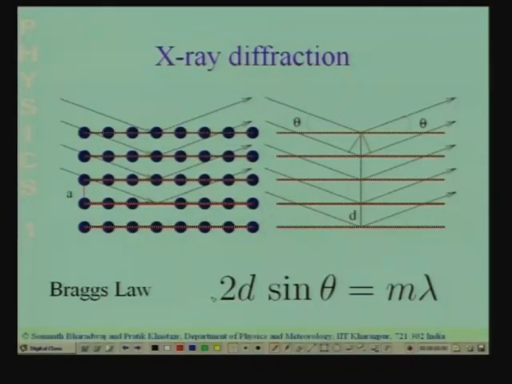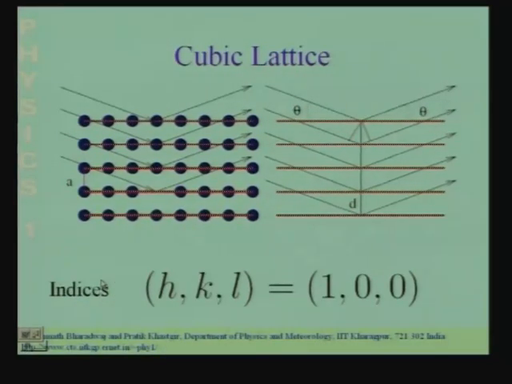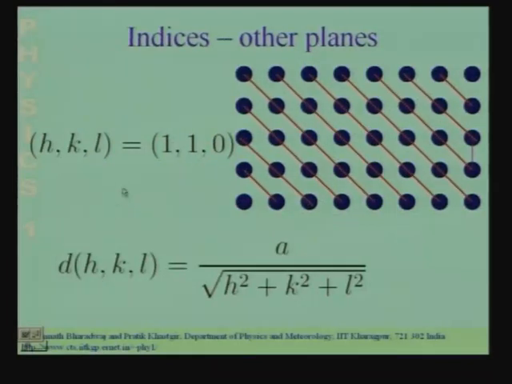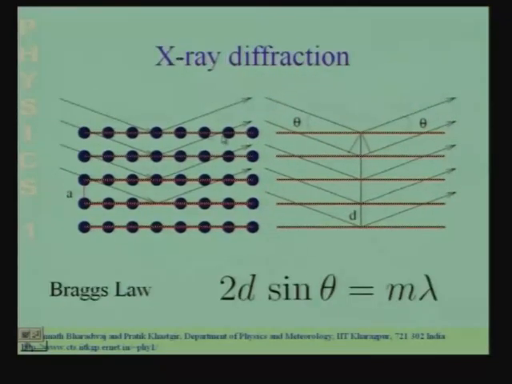Let me show you another possible set of planes. So this shows you another possible set of planes which can be drawn through that crystal, and when you have X-ray incident on this lattice and you want to find out where the maxima will occur, you have to consider reflection from all such planes, and you will get a maxima if the condition 2d sin theta is equal to m lambda is satisfied for any of these planes.